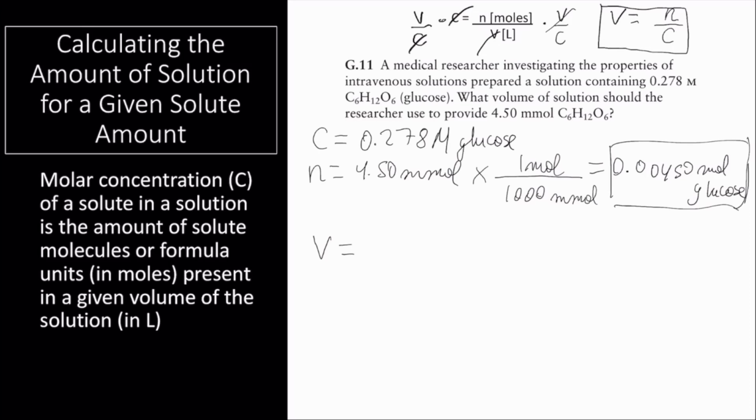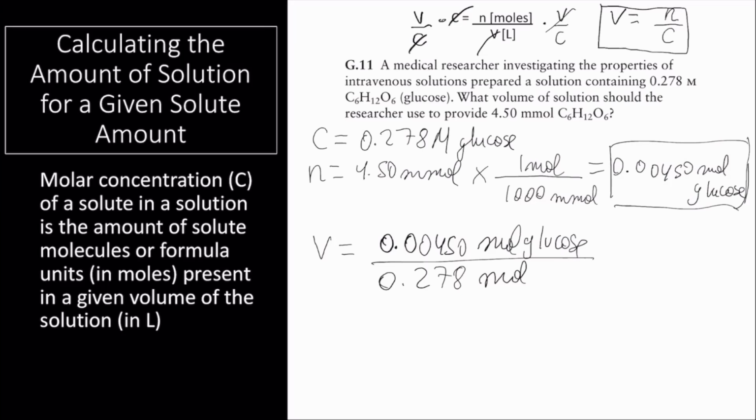So we have the volume is equal to the number of moles, 0.00450 moles of glucose, divided by the concentration 0.278 molar, which is moles of glucose per liter of solution.